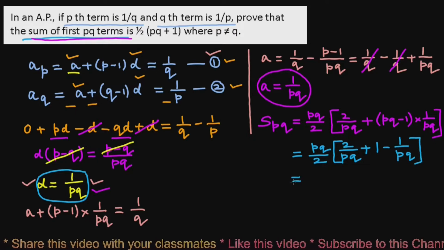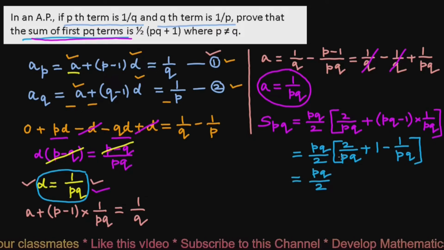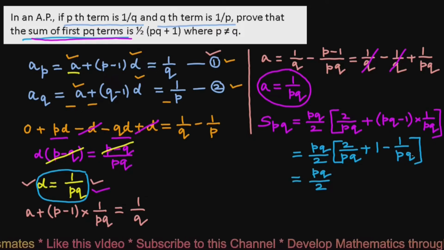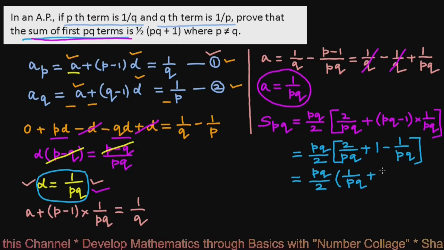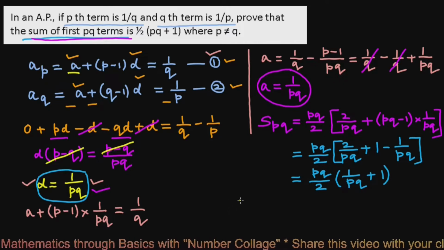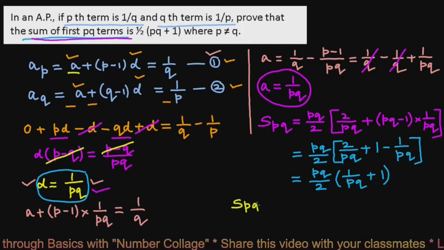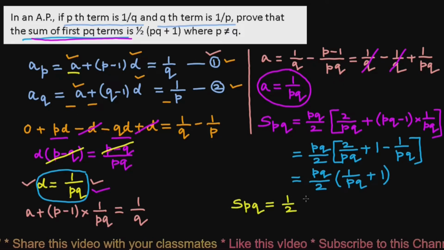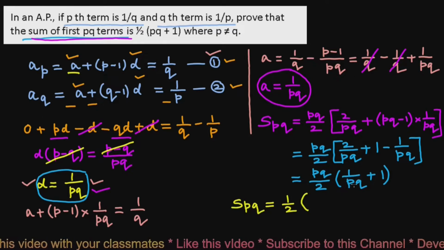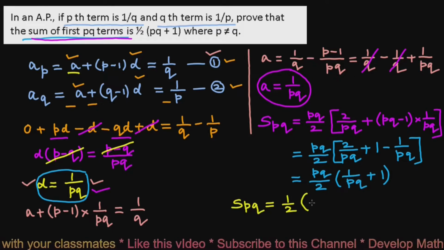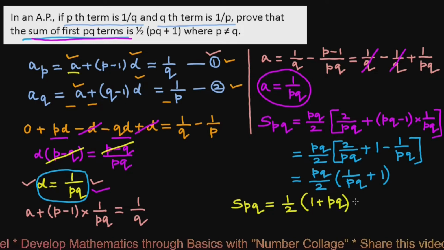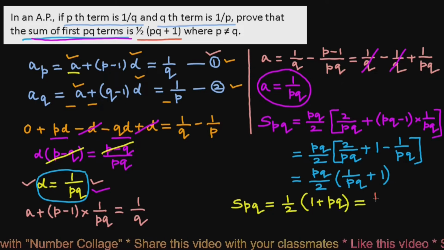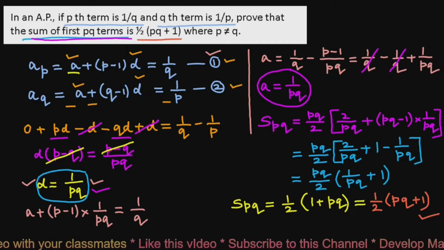So that will be PQ upon 2 into (2 upon PQ minus 1 upon PQ, which is 1 upon PQ, plus this 1). So finally the sum of first PQ terms will be half multiplied by PQ into (1 upon PQ, which is 1, plus PQ into 1, that is PQ), which is half into (PQ plus 1).